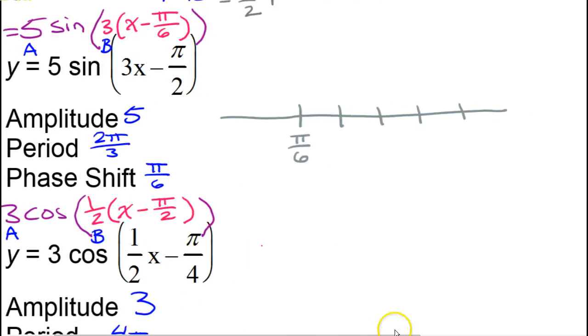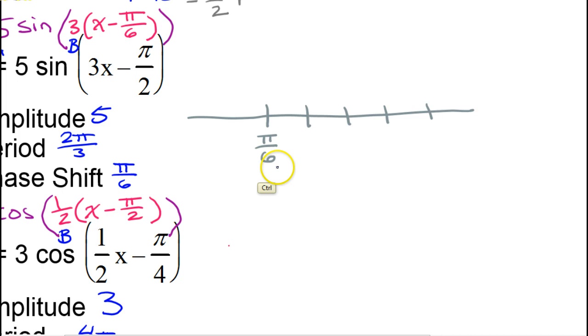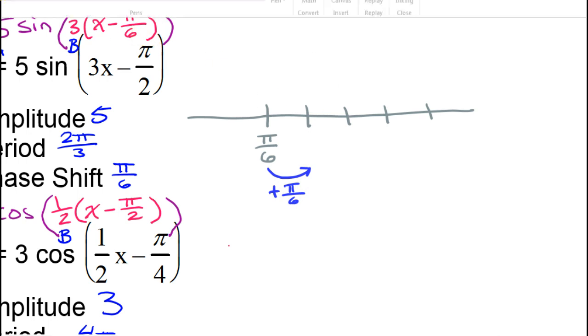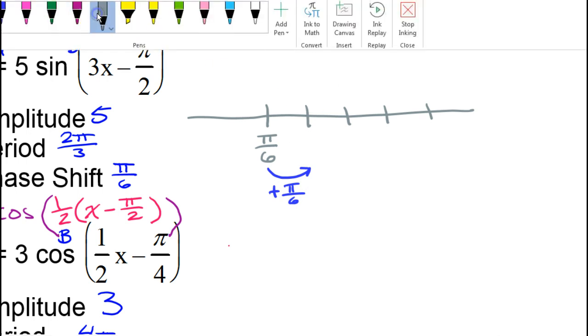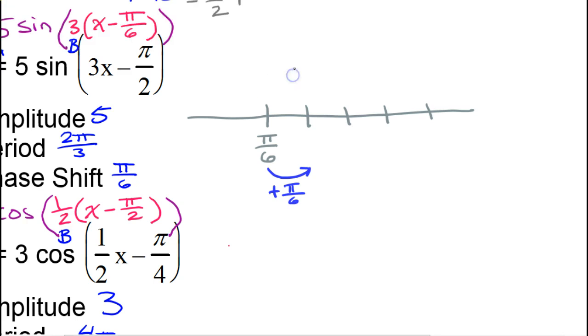So to get from one mark to the next, I'm going to add a quarter of a period. So I'm going to add pi over 6. So if I take pi over 6 and I add pi over 6, that's going to give me 2 pi over 6. Now I'm going to temporarily put this up here.